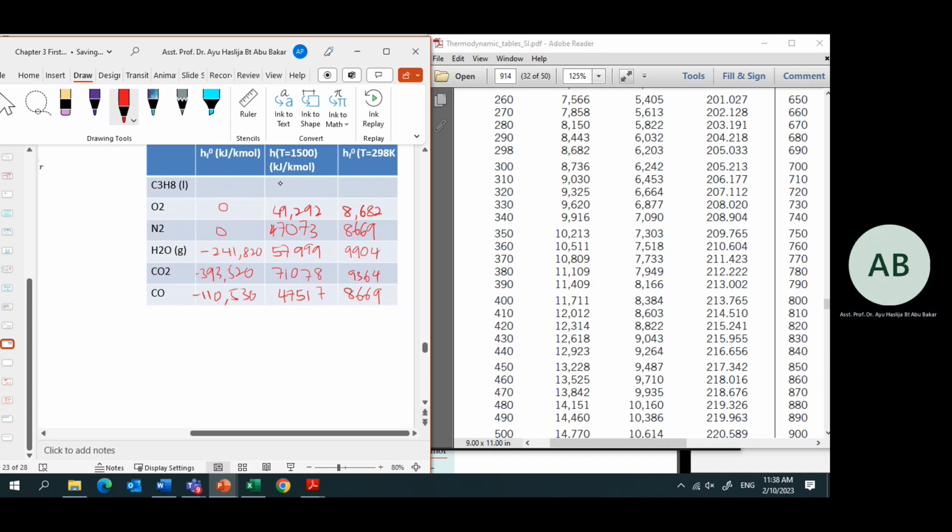Enthalpy for propane liquid at 1500? How do you define it? Do you require it? Enthalpy for propane at 1500.